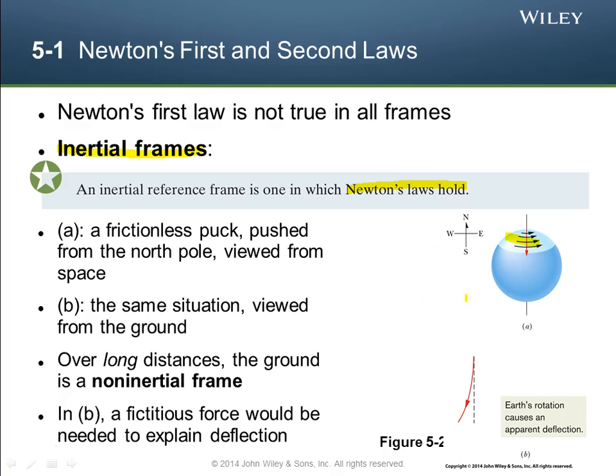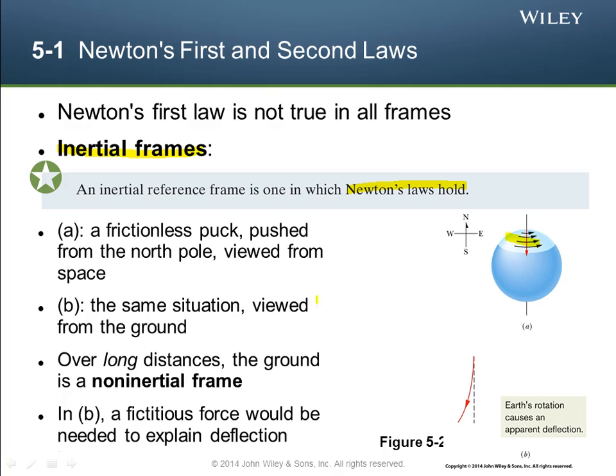Because of that rotation, let's imagine a really long patch of ice, so it's essentially frictionless, and we slide a puck down it. We would expect that to continue along a linear path, and for short distances it will. However, if we go a long distance, we'll actually see that puck start to deflect off of the linear path.